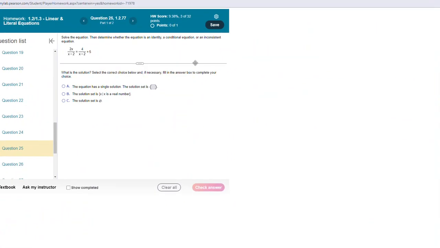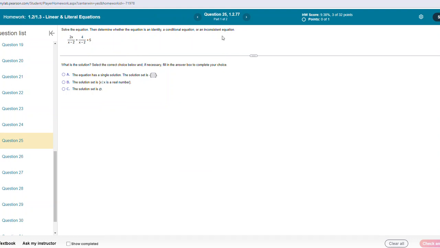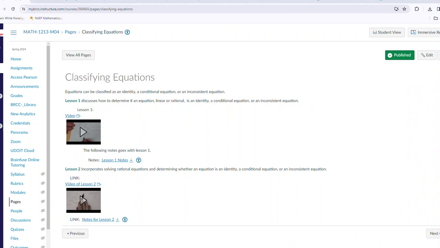Now, let me go back and say what this means. So in terms of identity, conditional, and inconsistent, let's remind ourselves what those are.